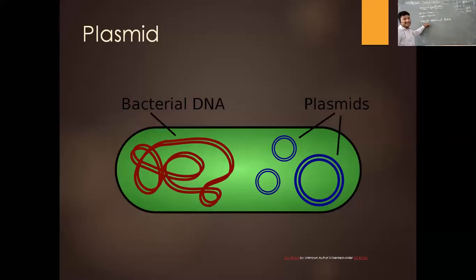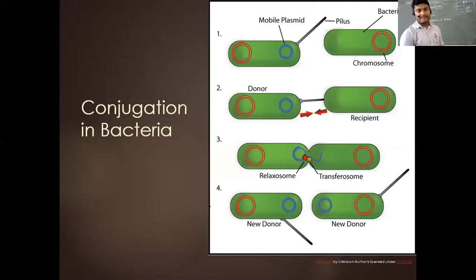So some benefit these plasmids are going to give to the bacteria. And remember, just like the bacterial chromosomal DNA, these plasmid DNAs can also self-replicate.